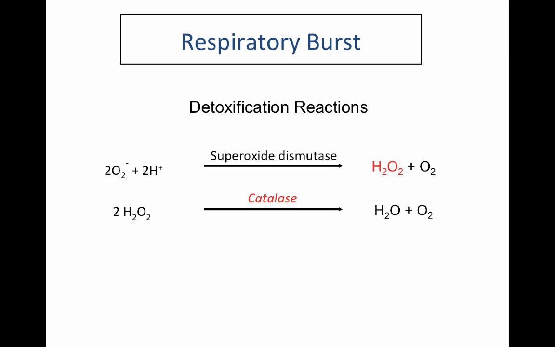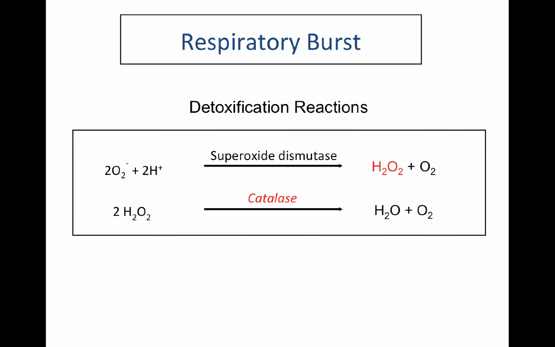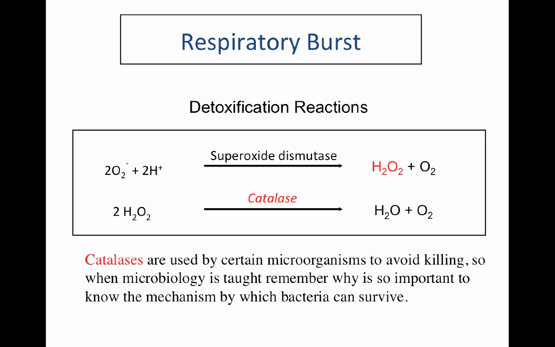This hydrogen peroxide can be catalyzed by catalase into water and oxygen. It is important to note that catalases are used by certain organisms to avoid killing. By doing this, they convert the potentially damaging hydrogen peroxide into water and oxygen and thus avoid killing.